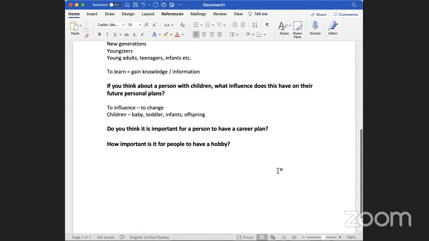Yeah, I think hobbies are very important in our lives. Just because we do what we like, we do what gives us pleasure. It helps us to keep healthy, emotionally, physically, depending on the hobby, and mentally too.